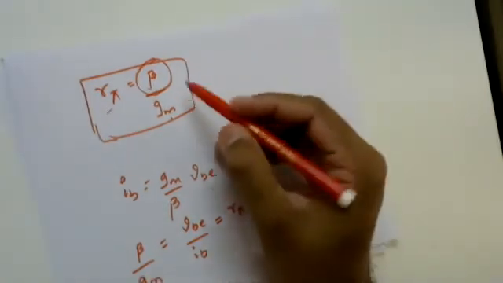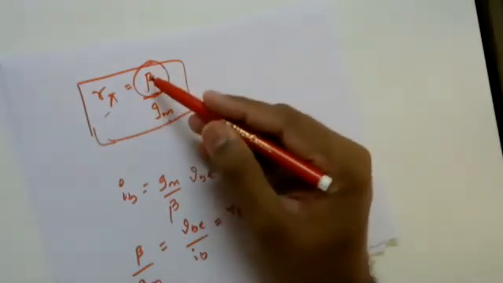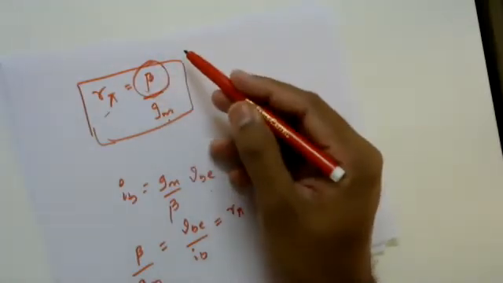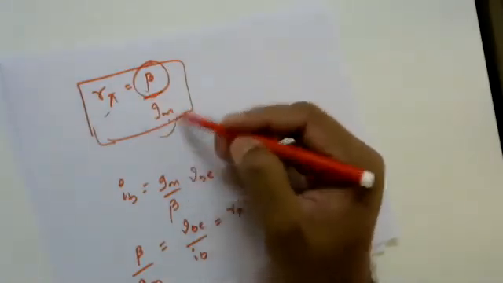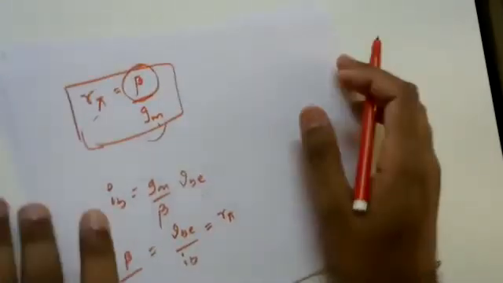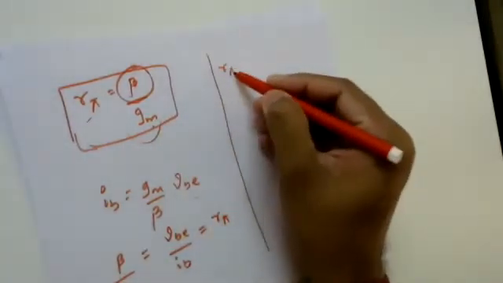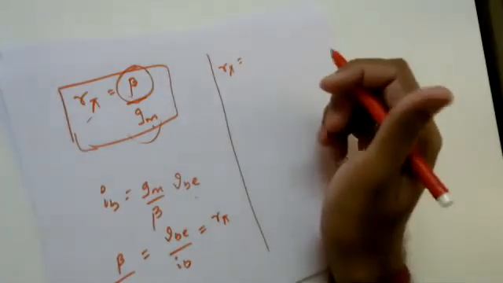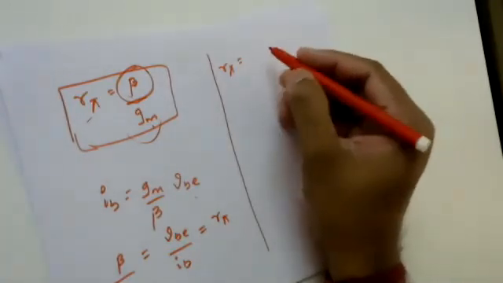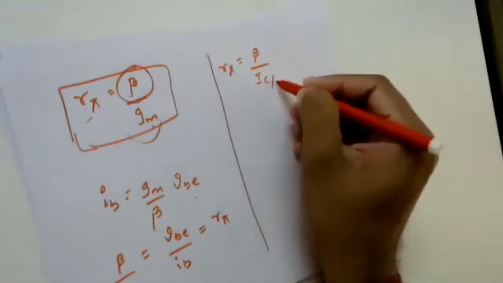So instead of going round and round, defining beta in terms of IC by IB and again using that equation back, if I substitute for my GM, what will I get? My R pi will be equal to beta divided by IC by VT, with GM as IC by VT.